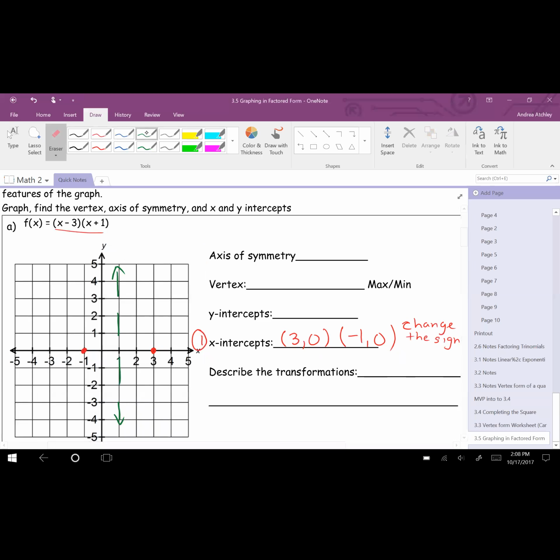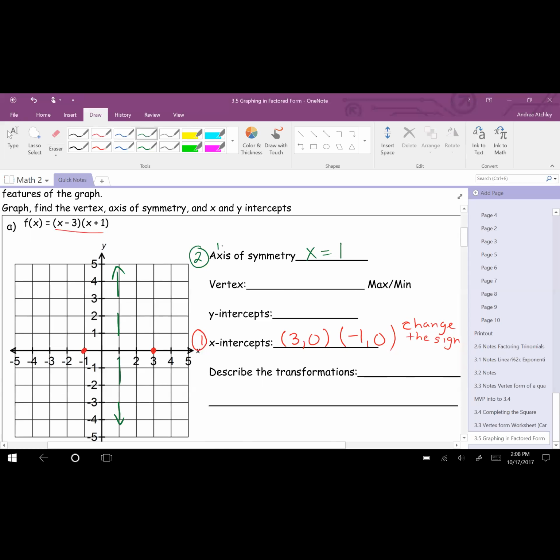This should be step 2, not step 3. So this is x equals 1. I'm trying to write down the steps so you remember what to do in the homework. Step 1, find the x-intercept. Step 2, find the axis of symmetry. Okay, remember the axis of symmetry is in the middle.